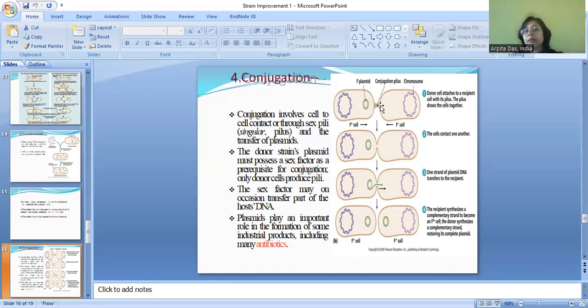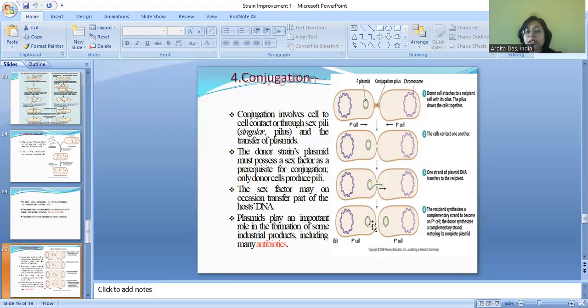Both of them create one conjugation pilus, and using that pilus by means of the rolling circle model, first you can see the dark green section of the DNA get into this F minus cell, and they create its complementary strand over here.